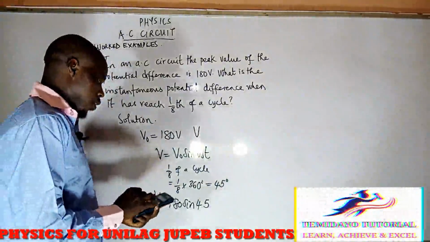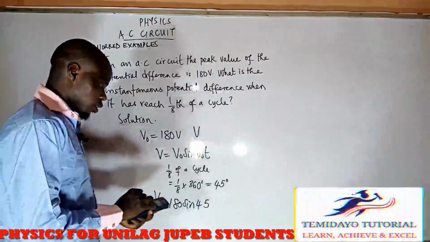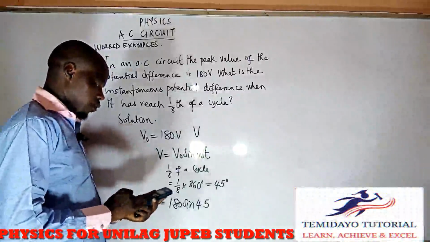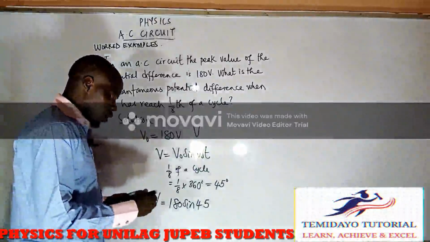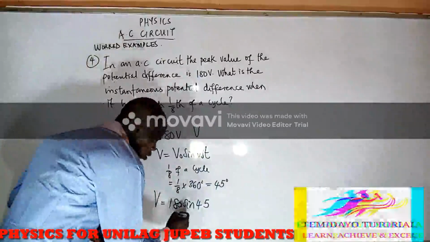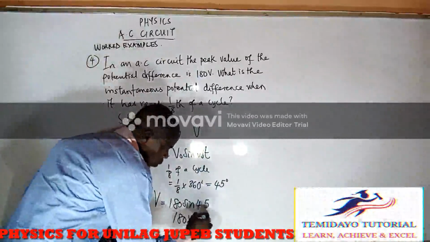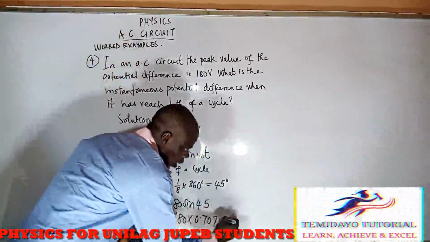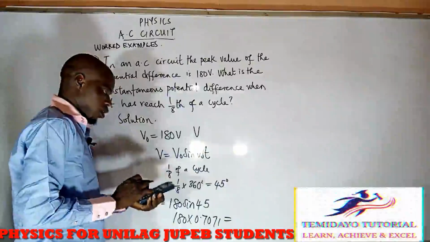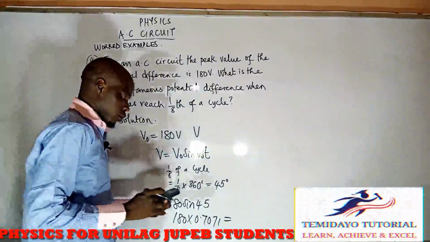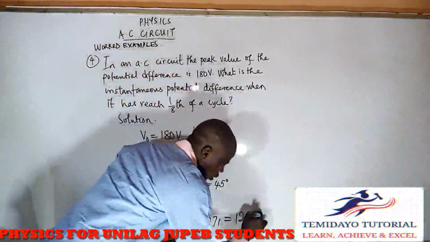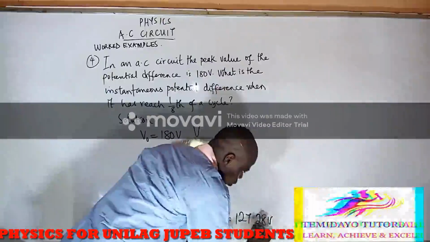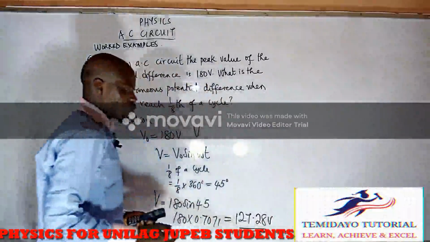Sine 45, as you can see, so this is 180 multiplied by 0.7071, and that gives us 127.28 volts.